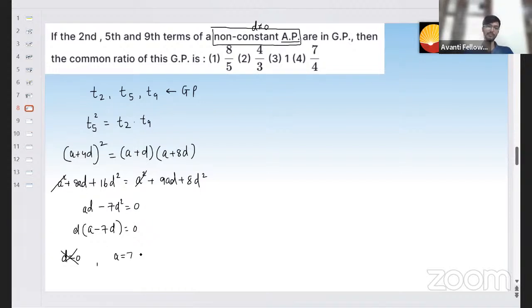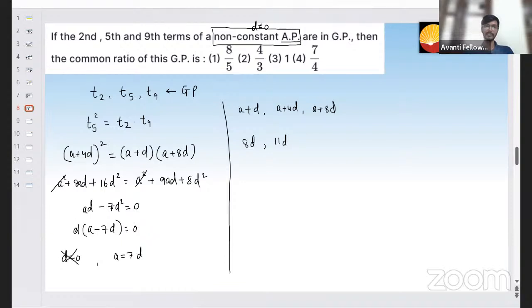So I'll get A equals 7D. The terms are A plus D, A plus 4D, and A plus 8D. Oh, I think we made a calculation error.